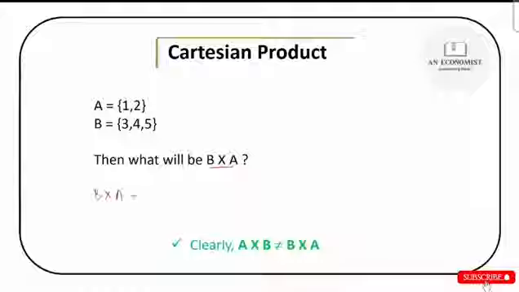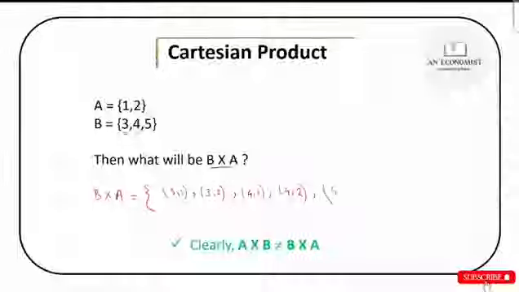B cross A will be, first take the first element of set B and combine it with all the elements of set A. So it will be (3, 1), then (3, 2), then take the second element (4, 1), (4, 2), then take the third element (5, 1), (5, 2), right? So it will be B cross A.